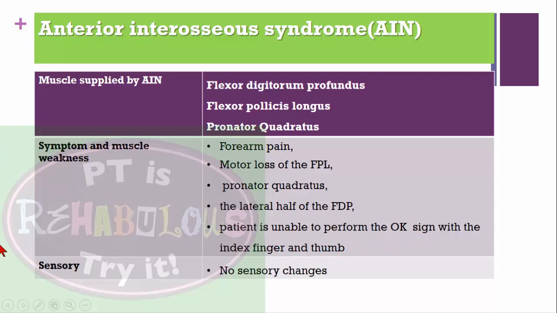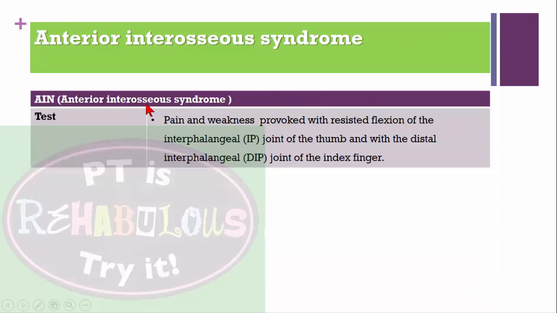There won't be any sensory changes. Test for anterior interosseous: we can notice pain and weakness provoked by resisted flexion of the interphalangeal joint of your thumb with the distal interphalangeal joint of the index finger.